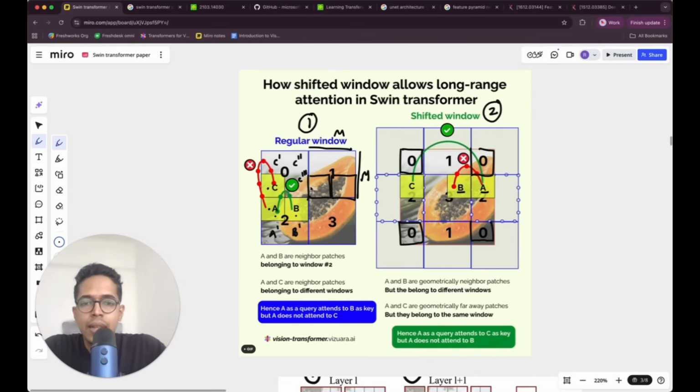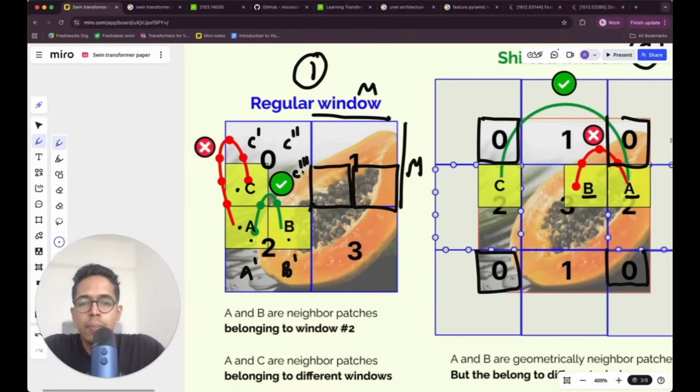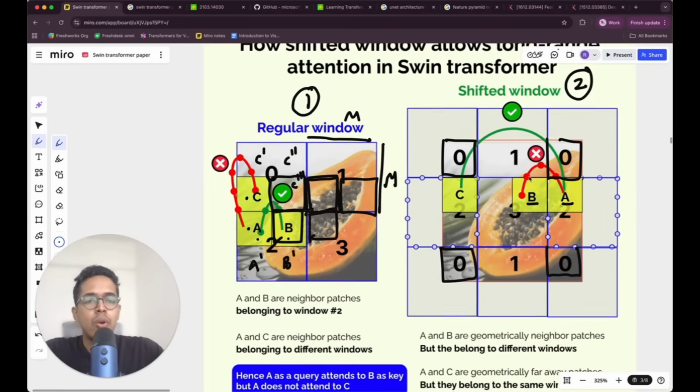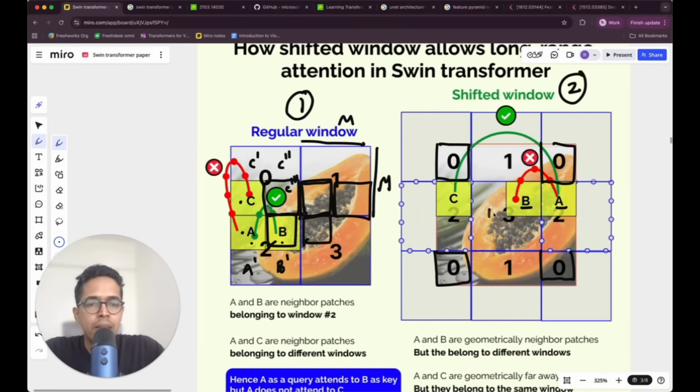So originally, if you look at these 4 patches, this, this, and this, those 4 patches were in completely 4 different windows, window number 0, 1, 2 and 3. But now look at that in the shifted window, all those 4 patches are in window number 3. So those 4 patches that could not interact with each other in regular window are now able to interact with each other in shifted window.